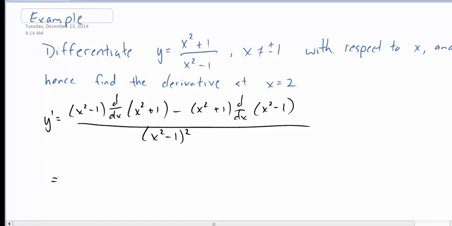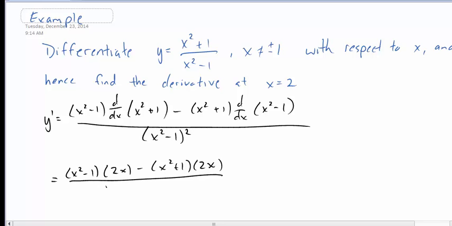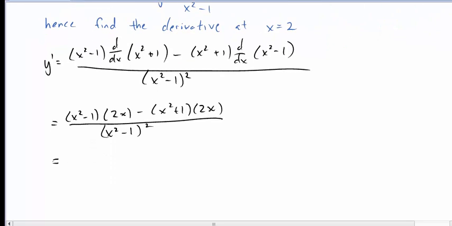And now we take the derivatives up on the numerator. 2x and 2x. And again, let's expand the numerator and combine like terms. The denominator, I will leave alone.